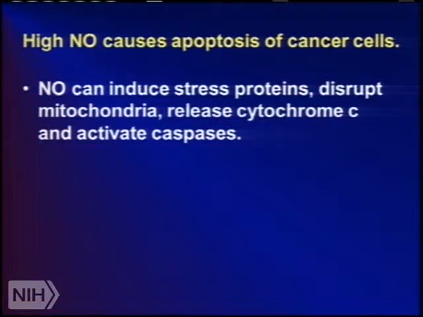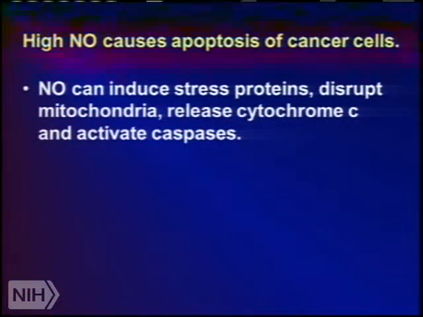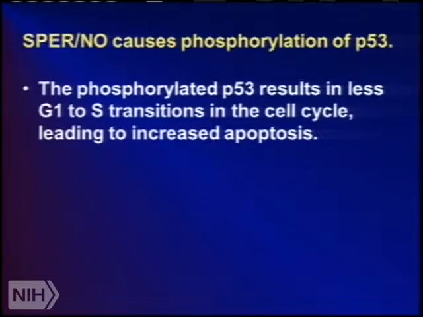But high doses of NO will cause apoptosis of the cancer cells. And in particular, the high doses of NO can induce stress proteins, disrupt mitochondria, release cytochrome C, and activate caspases. So we can do all these experiments using cancer cells in the lab.